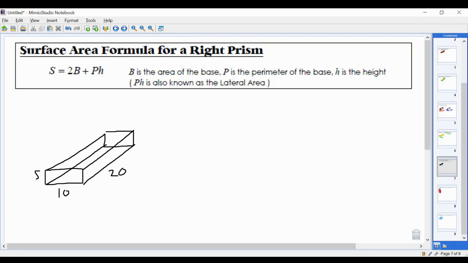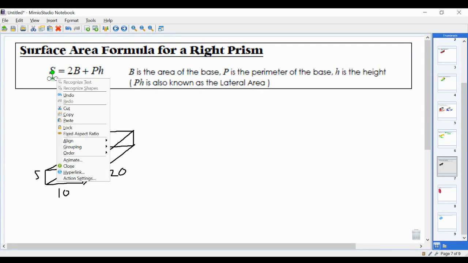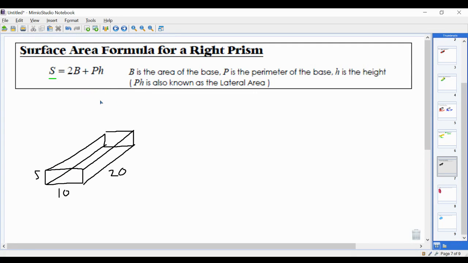Our formula says that the surface area is equal to 2 times the base area plus P times H. Well, as we know, B is the area of the base.